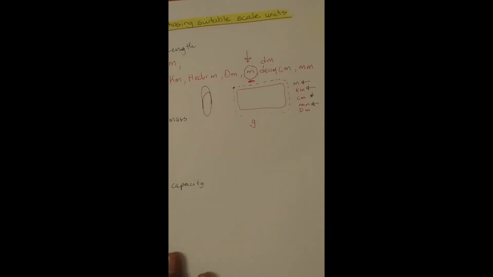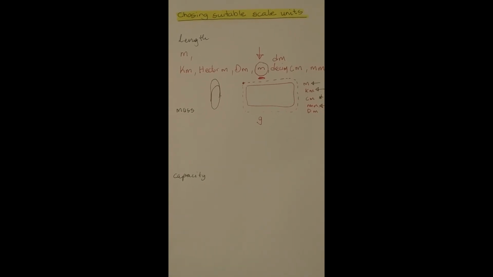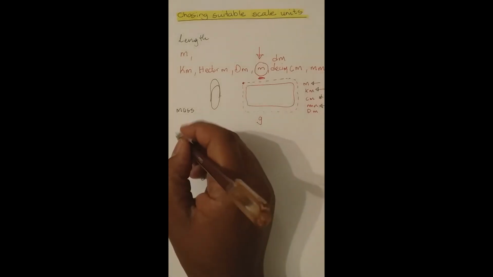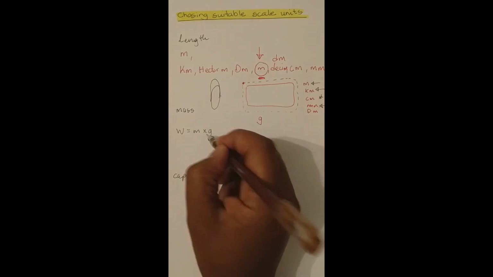Same thing with mass. Would you use the same units to measure Air Force One, an aeroplane, as your own weight? Your weight, you know that it's your mass multiplied by g.